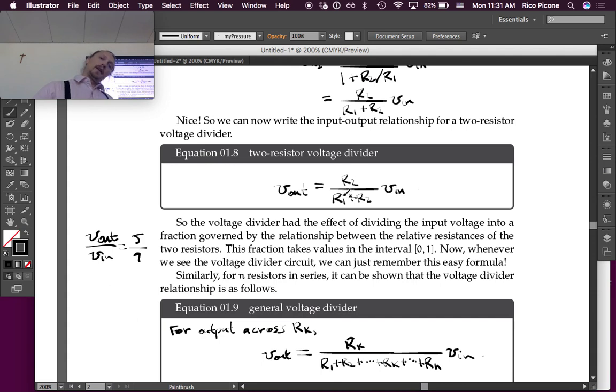So then we know that R2 over R1 plus R2 should be equal to 5 over 9. We have 2 unknowns in one equation, so you have to specify one. Say I want R1 to be 1 kilo ohm, and then you can solve for what R2 should be to make that happen. So that might be an application.